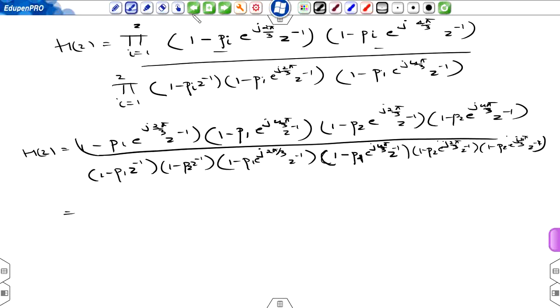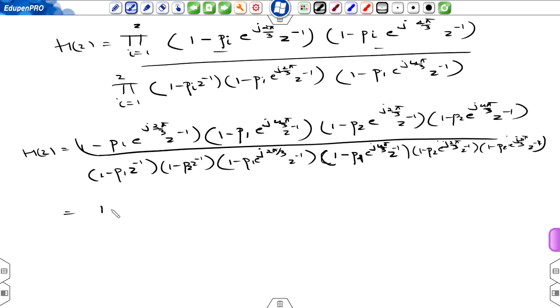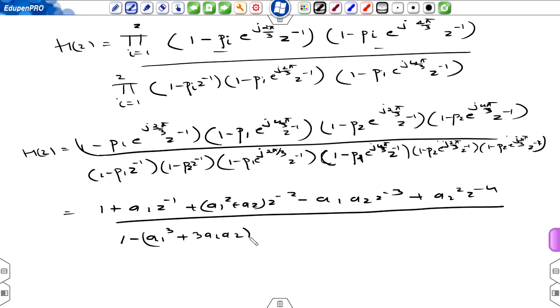Okay, so if you expand this and use this relation, you will have the result as 1 plus a1 z^-1 plus (a1 squared plus a2) z^-2 minus a1 a2 z^-3 plus a2 squared z^-4. In the denominator, 1 minus (e1 cubed plus 3 e1 e2) z^-3 and minus e2 cubed z^-6.